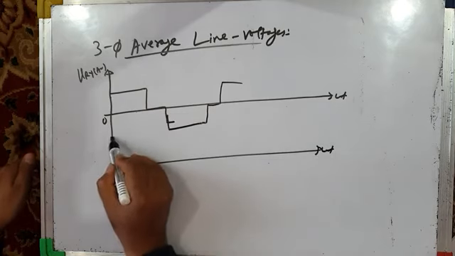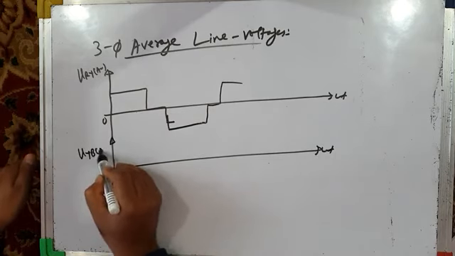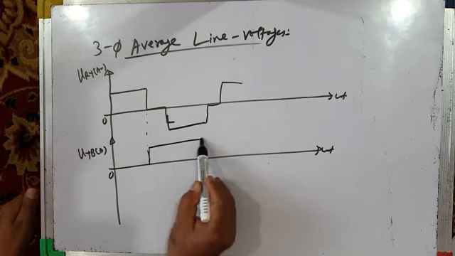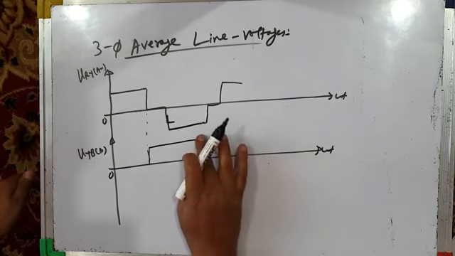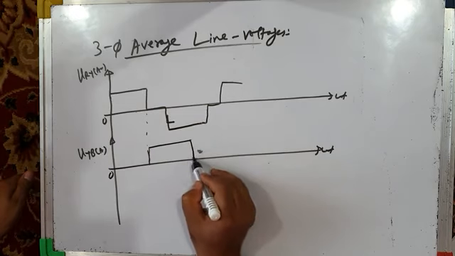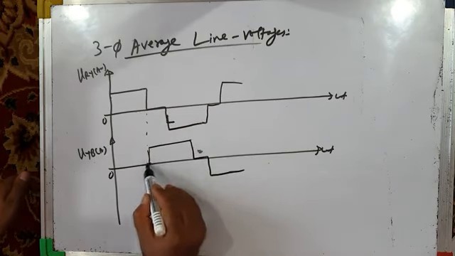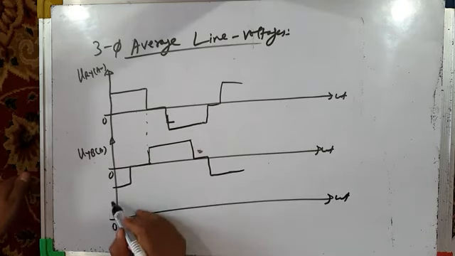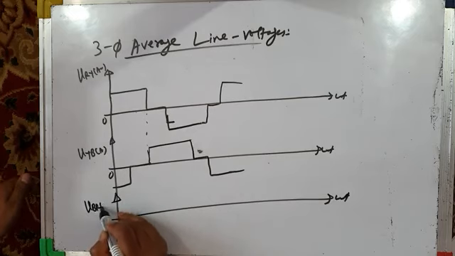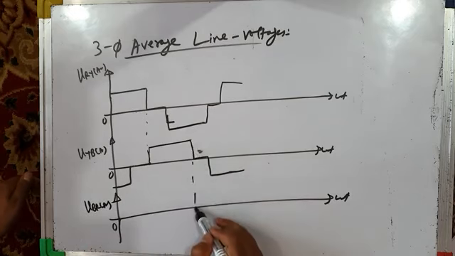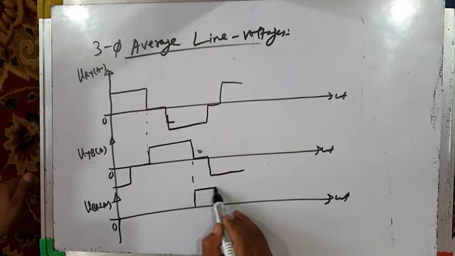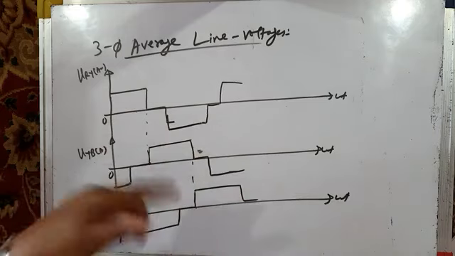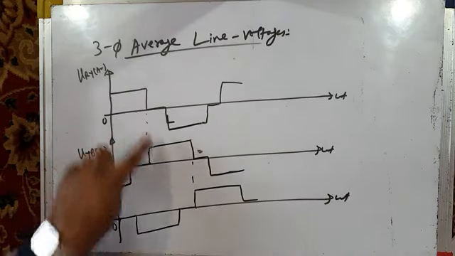So average line voltage VYB average is like, it will start after 120 degrees, so it is something like this. Similarly, and what about average line voltage VBR average? It will start after another 120 degrees like this. Okay, so these are our three-phase average line voltages. They are quasi-square wave.